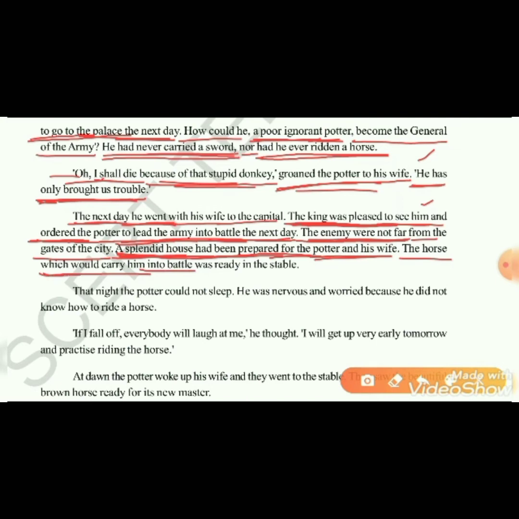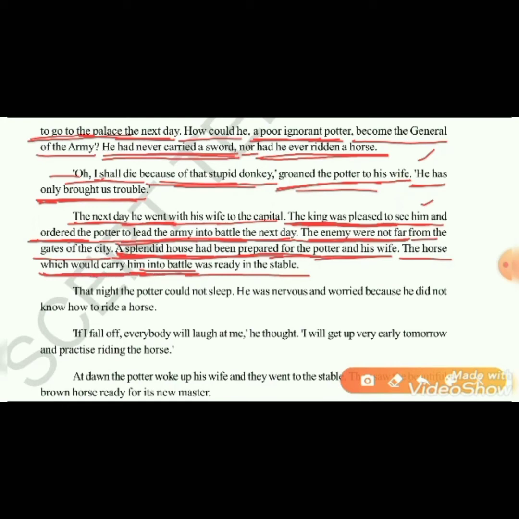Even the horse prepared for the general was ready, on which the potter would travel next day morning. The horse was ready for the general. The only thing left was to go against the enemy and fight.